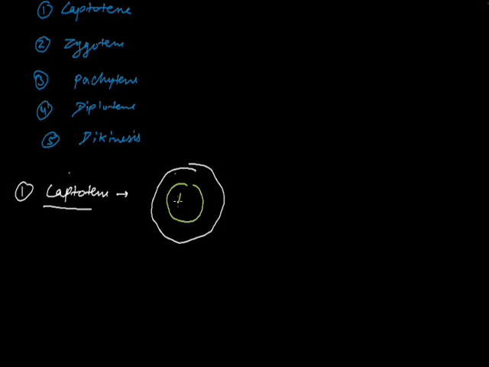All chromosomes remain in the nucleus and are directed toward the centriole. So they form a bouquet-like structure. All the chromatids are directed toward the centriole. That is also called the bouquet stage.